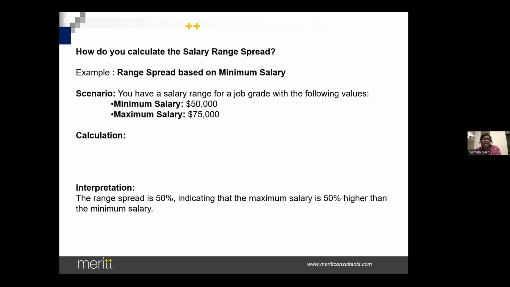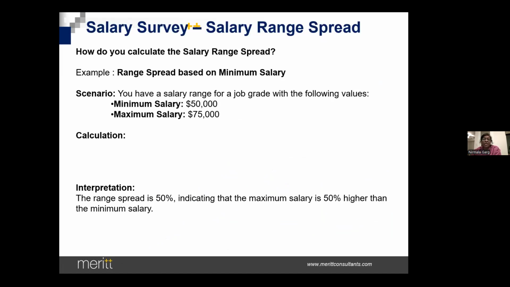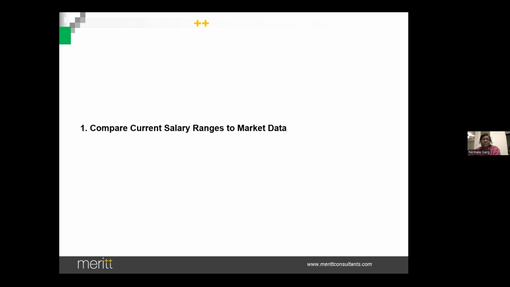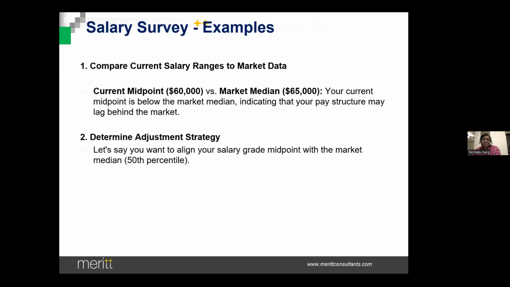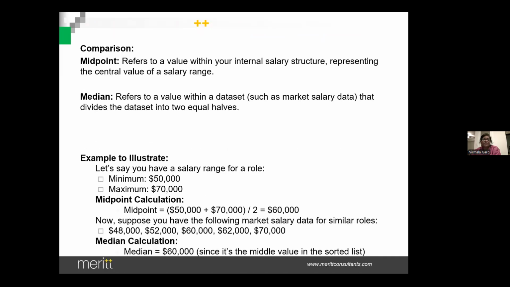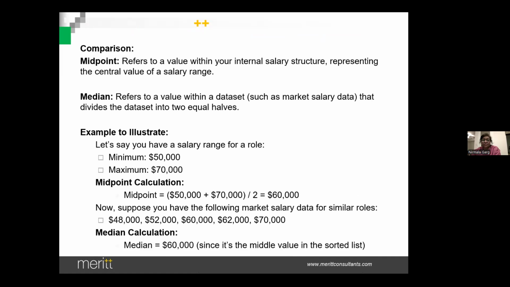All of you just try and calculate. The minimum salary is 50,000 and the maximum is 75,000. Can you calculate the midpoint? Do you know the formula for midpoint? Central value means mid value, the median.